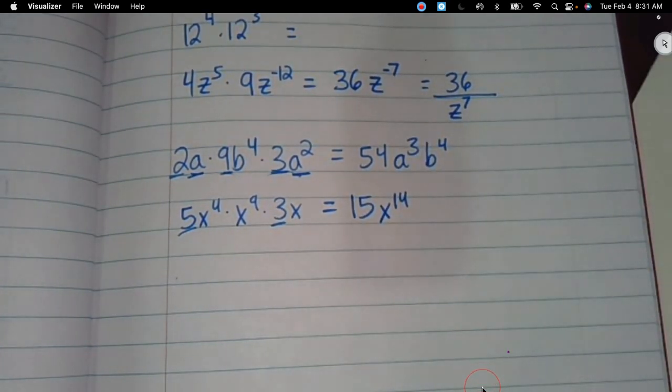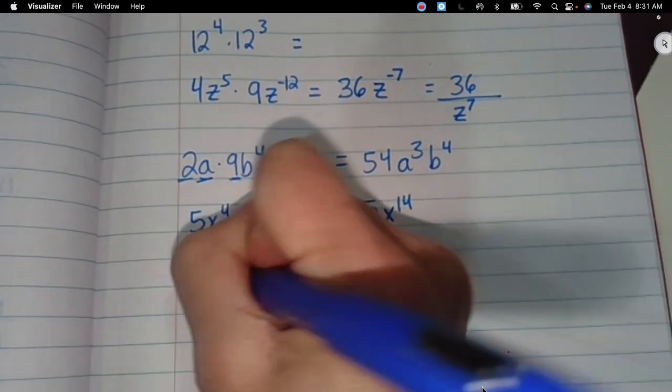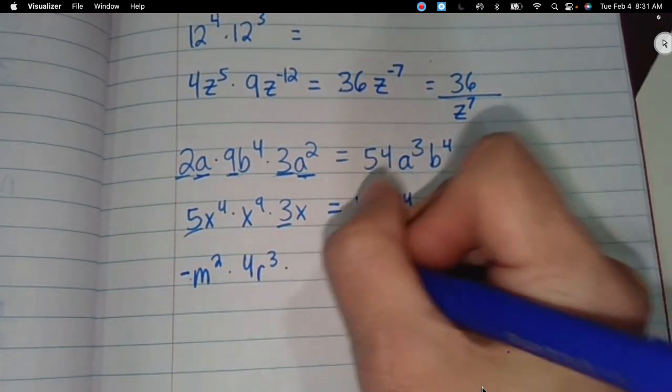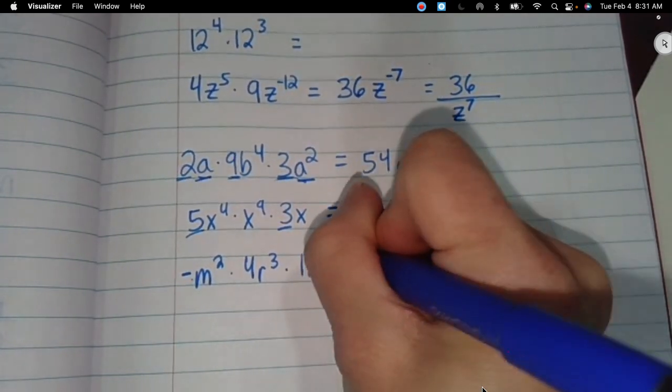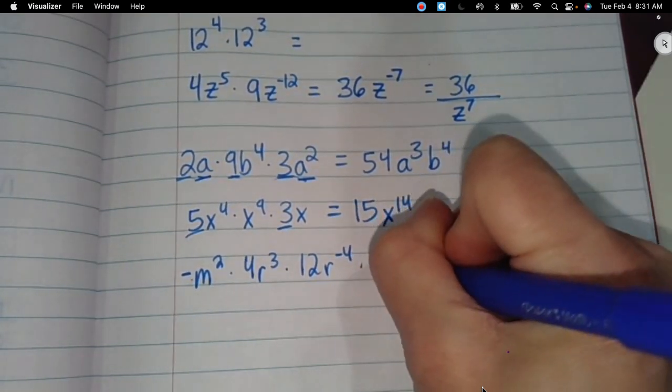Let me find one where we have some negative again. Let's see. Okay, here's one. This one looks weird. Okay. We have negative m squared times 4r to the 3rd times 12r to the negative 4 times 5m.